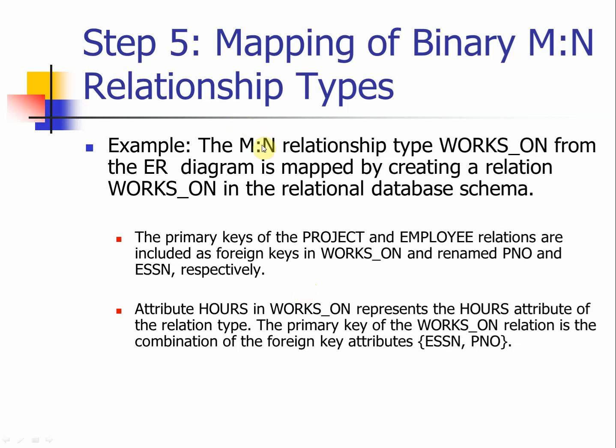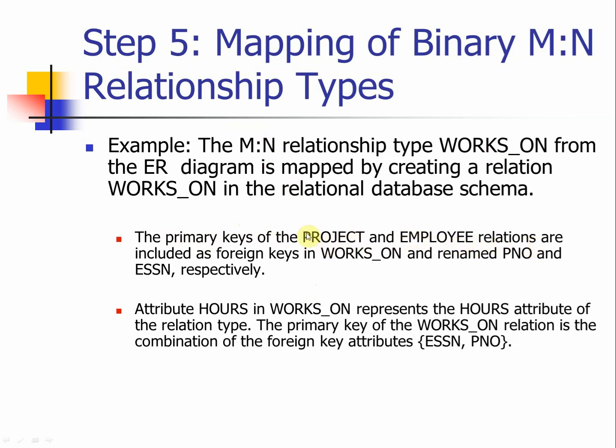For the m-to-n relationship, works on is the one that we will see is not going to be handled by the simple foreign key approach. So what we need to do is create a new relation called works on. The primary key of the project is one end that they attach, and the other end is the employee.